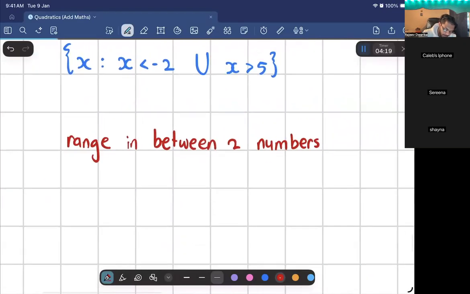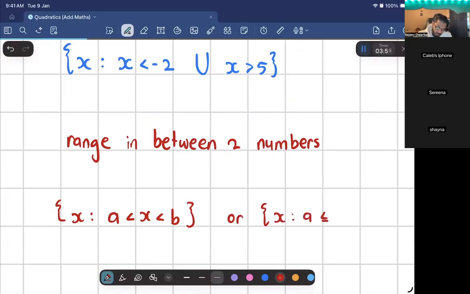It's going to be A is less than x is less than B. So you'll say x is such that A is less than x is less than B. Or if there was a less than or equal to or more than or equal to, you'll write x is such that A is less than or equal to x, less than or equal to B. Do you all think A is the bigger value or the smaller value?